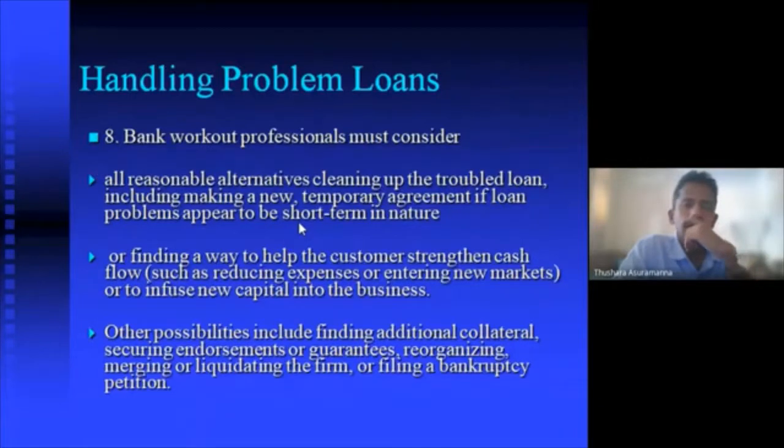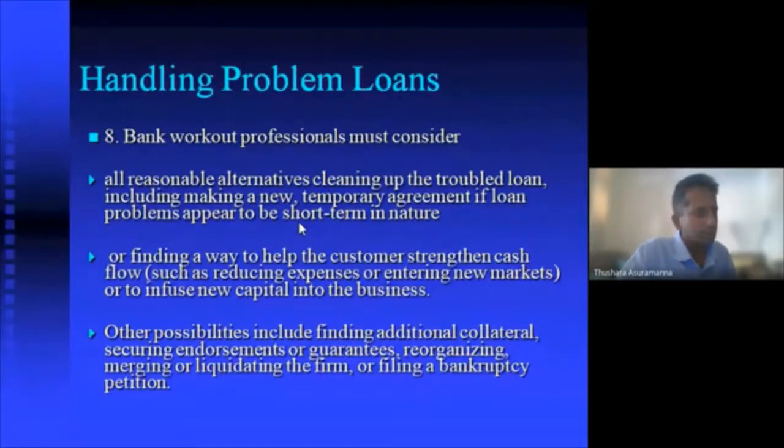Then point eight, all reasonable alternatives for clearing up the troubled loan, including making a new temporary agreement if loan problems appear to be short-term in nature. Say, if you think that this is not a long-term issue, like COVID, for example, the central bank allowed us to offer a moratorium because we presumed it's a short-term phenomenon.